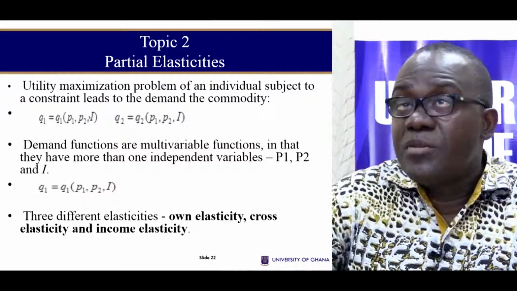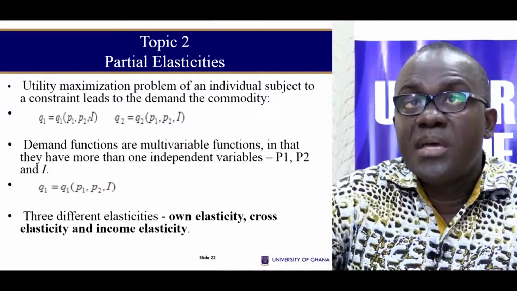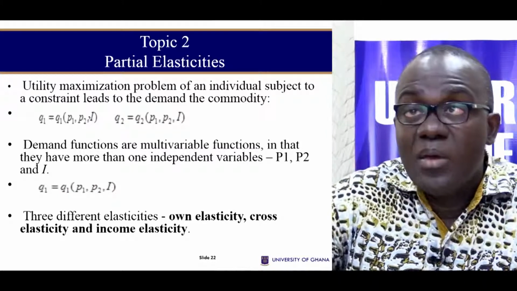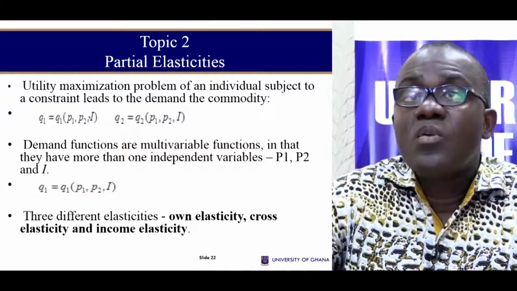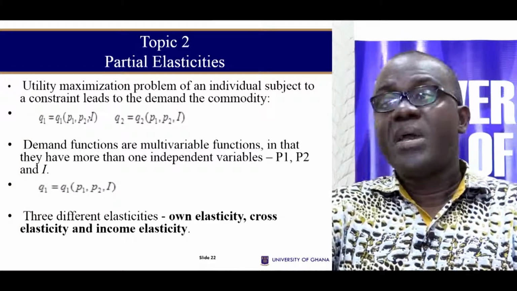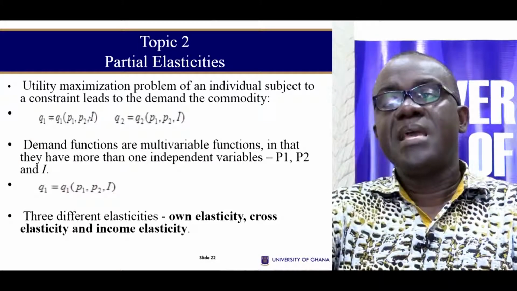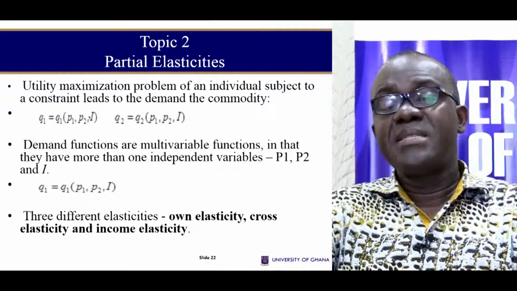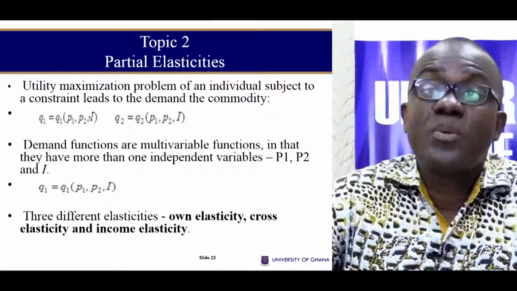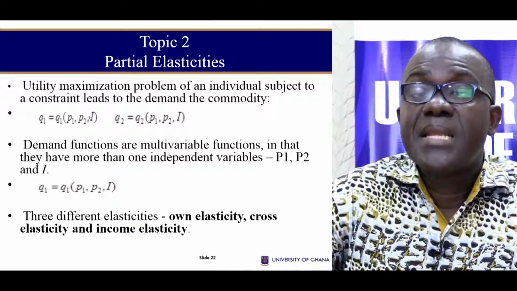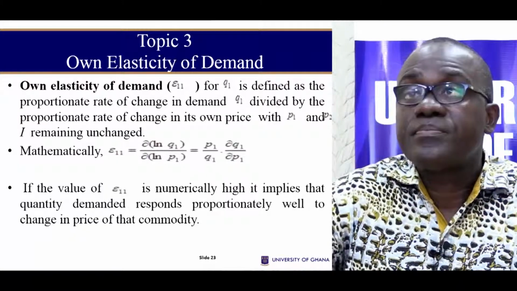When we maximize our utility function, notice that we got a demand Q1 depending on P1, P2, and I, and also demand for the second good depending on P1, P2, and I. Now, when we have these, we can have three different elasticities: own elasticity, cross elasticity, and then income elasticity. Each and every one of these elasticities has some implications for the relation between those commodities at hand. Now, let's take each of them and try to understand.